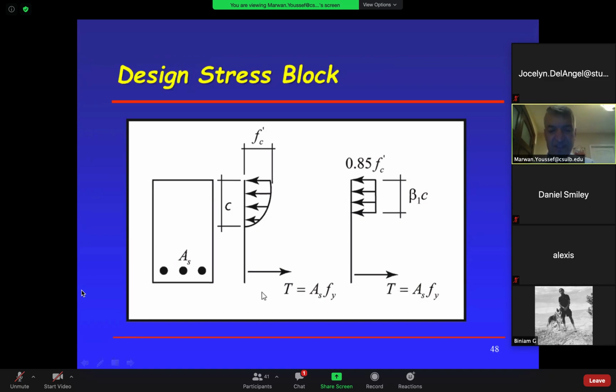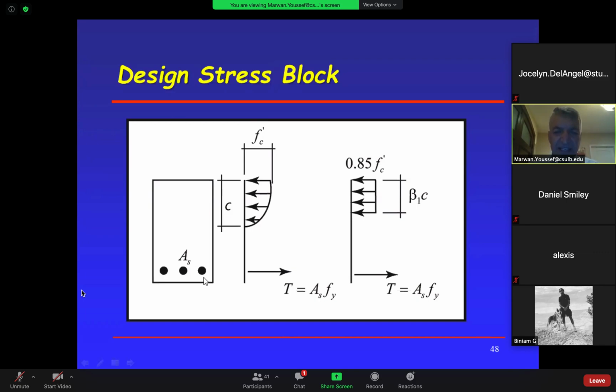Let's look at the T first. T is in tension. Again, stress equal force over area. Force equal stress times area. See that? The area is the area of steel, the area of this bar, because this is what we are stretching, is the area of the steel, is AS. And like we said a minute ago, it's very easy to know that 3 number 9 bars is 3 inches square.